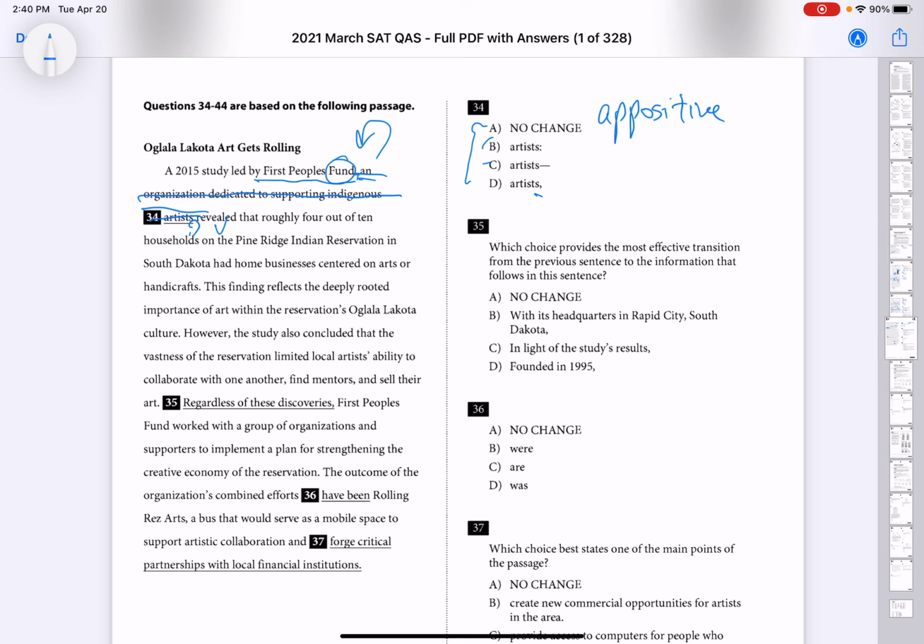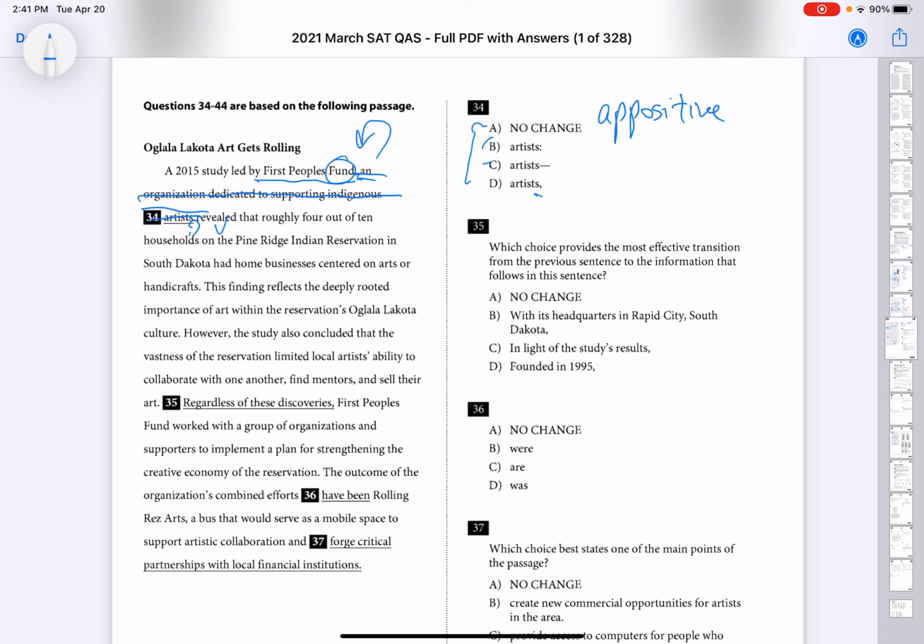Okay, 35. Which choice provides the most effective transition from the previous sentence to the information that follows in this sentence? Okay, so let's see what was in the previous sentence. I'm going to read through the rest. This finding reflects the deeply rooted importance of art within the reservation's Oglala Lakota culture. However, the study also concluded that the vastness of the reservation limited local artists' ability to collaborate with one another, find mentors, and sell their art.